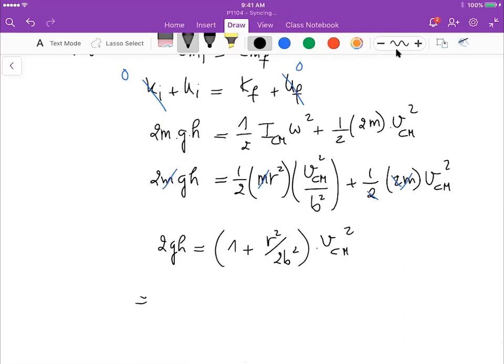And so we can finally deduce that the speed of the center of mass is given by square root of 2gh over 1 plus r squared over 2b squared.